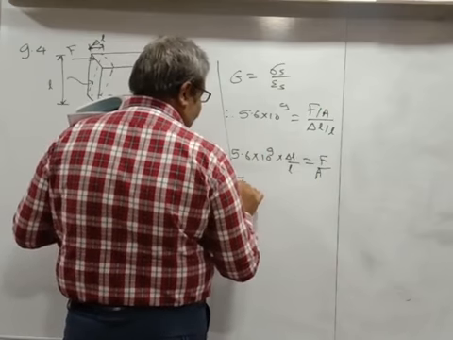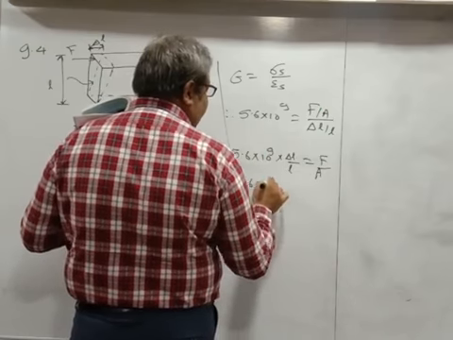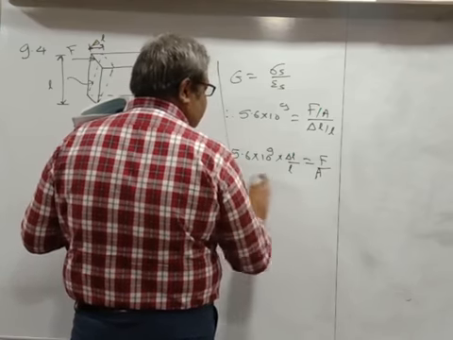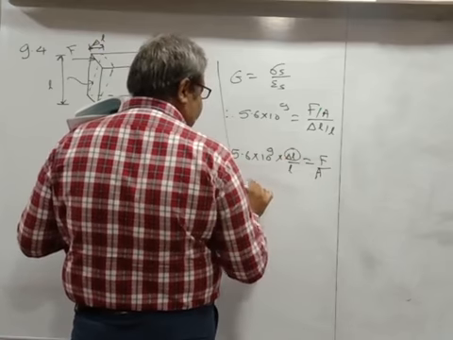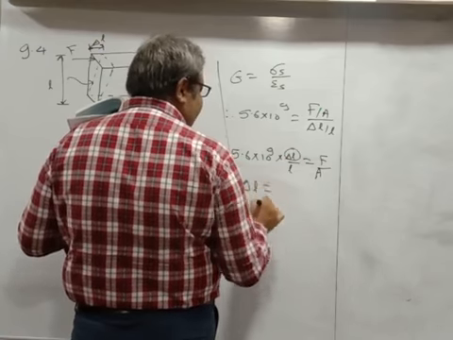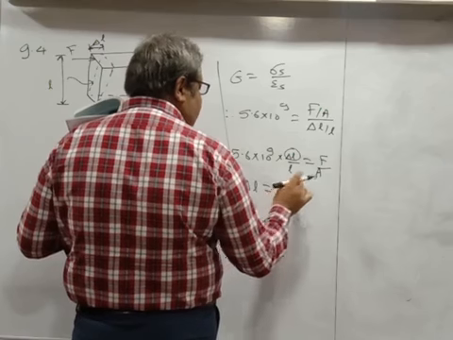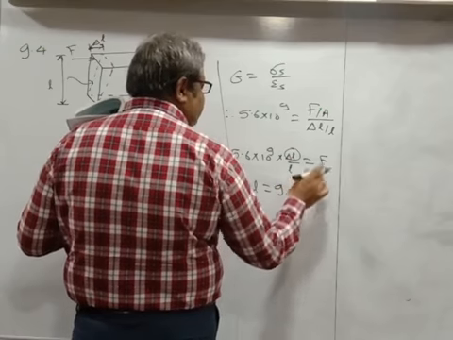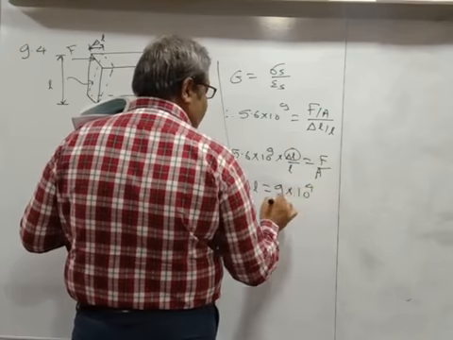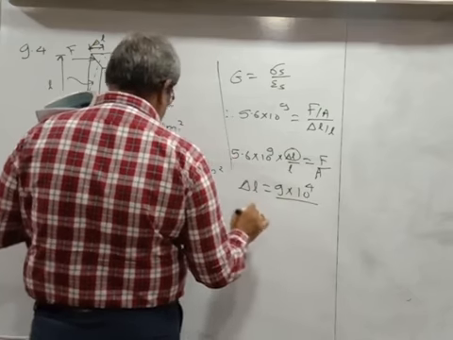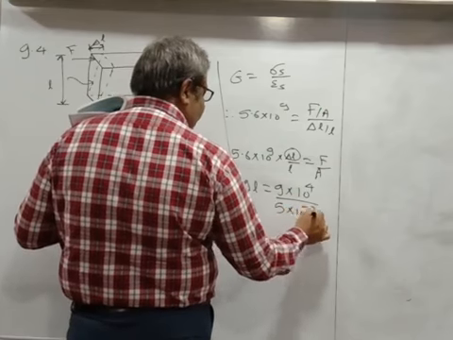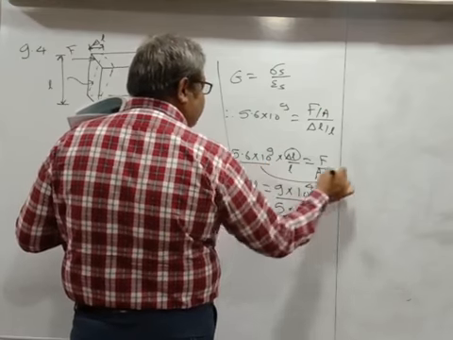So here 5.6 into 10 raised to 9 into delta L. Delta L is unknown to us. So we will have to find out this value of delta L. So make this delta L the subject of the equation. So your force is 9 into 10 raised to 4 upon area. Area is 5 into 10 raised to minus 2. Now take this to this side.